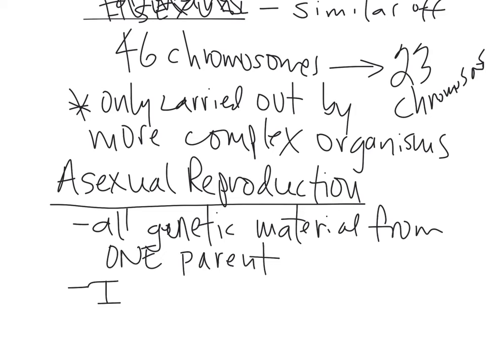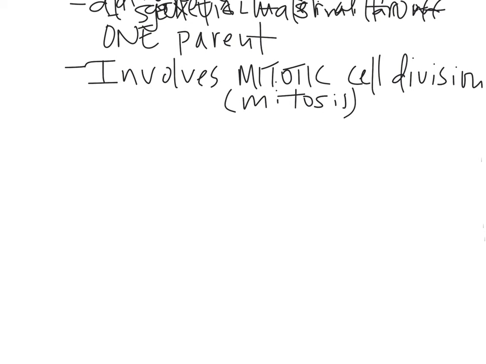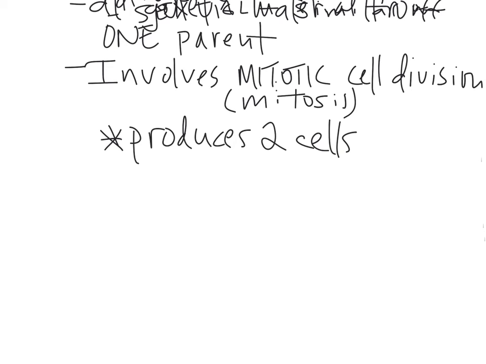It involves mitotic cell division, also known as mitosis. What mitosis does is produce two cells, and those two cells are genetically identical.